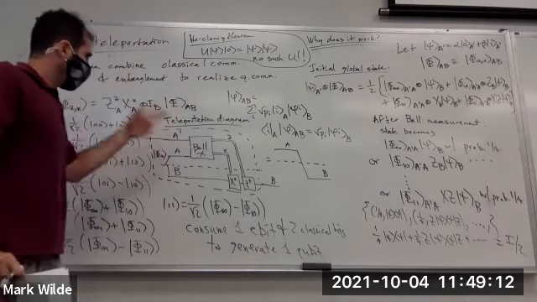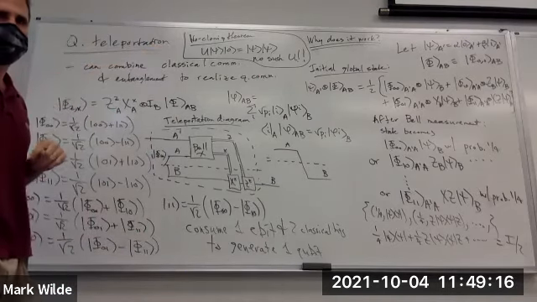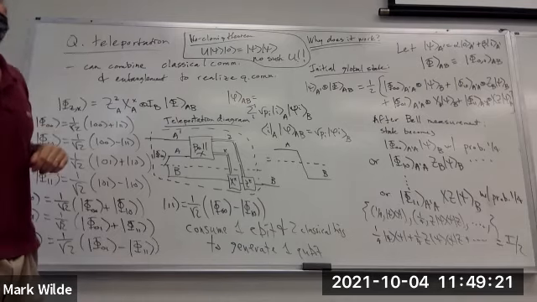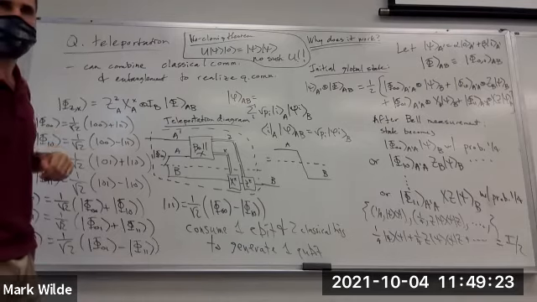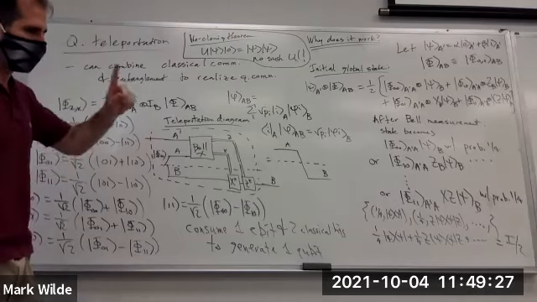So if you're familiar with the no cloning theorem, you might look at the teleportation protocol and say, well, gee, it seems that you copied the state. It seems like you've violated the no cloning theorem. Okay? Here you reply and say, oh, au contraire.